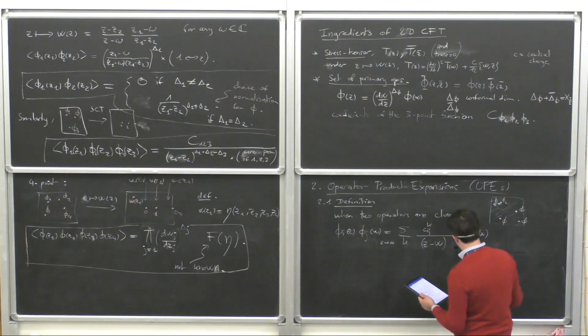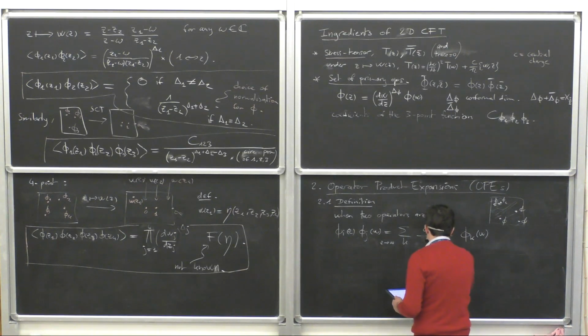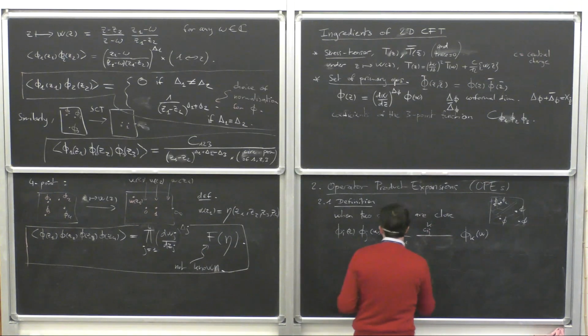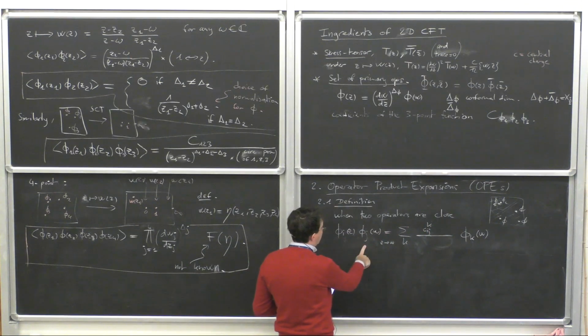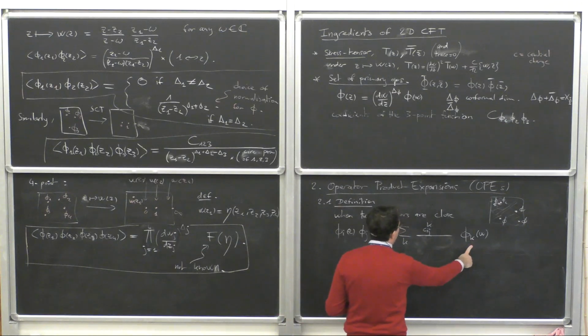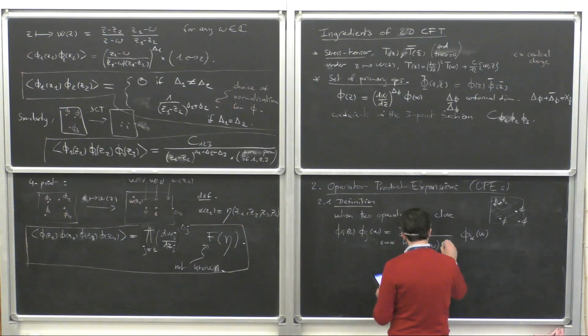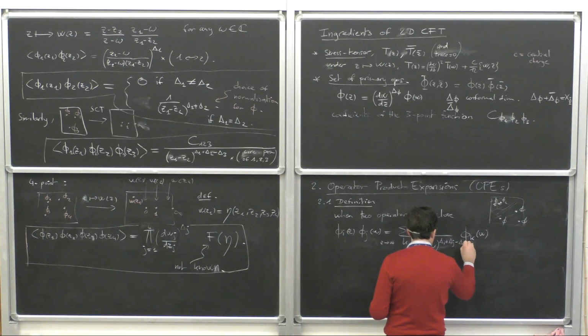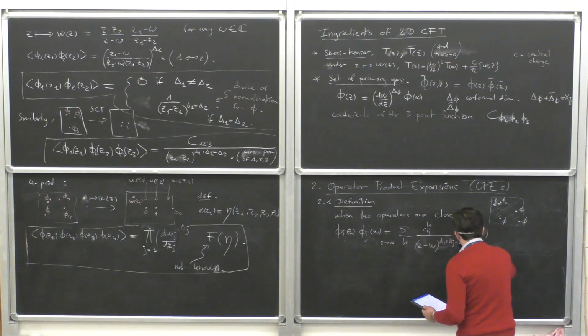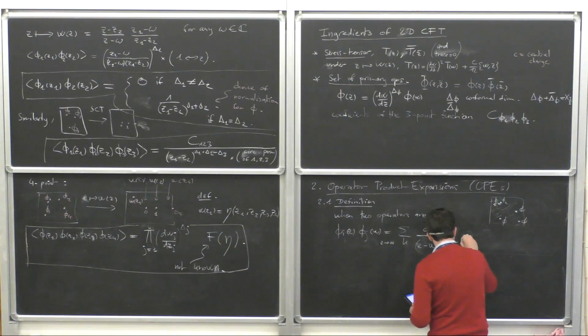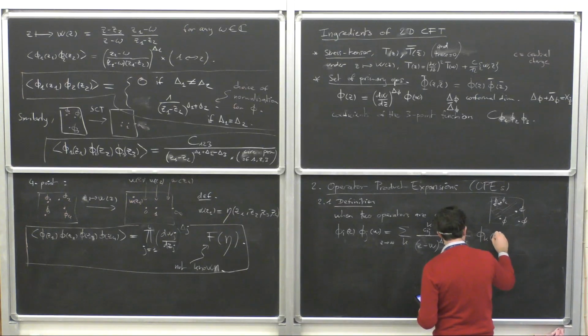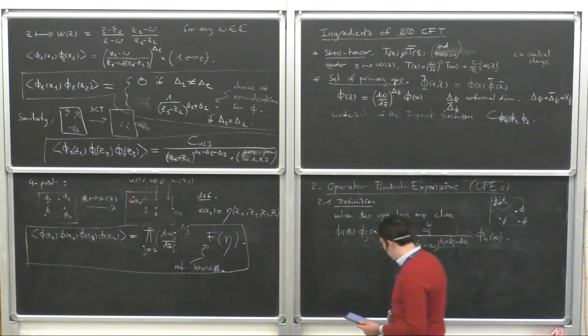Something like that, and just because of power counting, this has dimension delta_i, this has dimension delta_j, this has dimension delta_k. Therefore, here you must have a denominator that is (z minus w) to some exponent, and this exponent has to be delta_i plus delta_j minus delta_k. Like this. Is it clear?